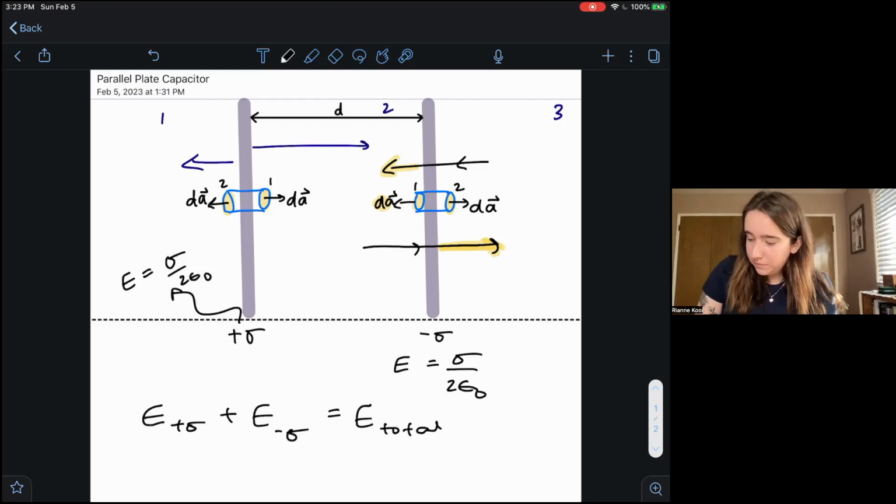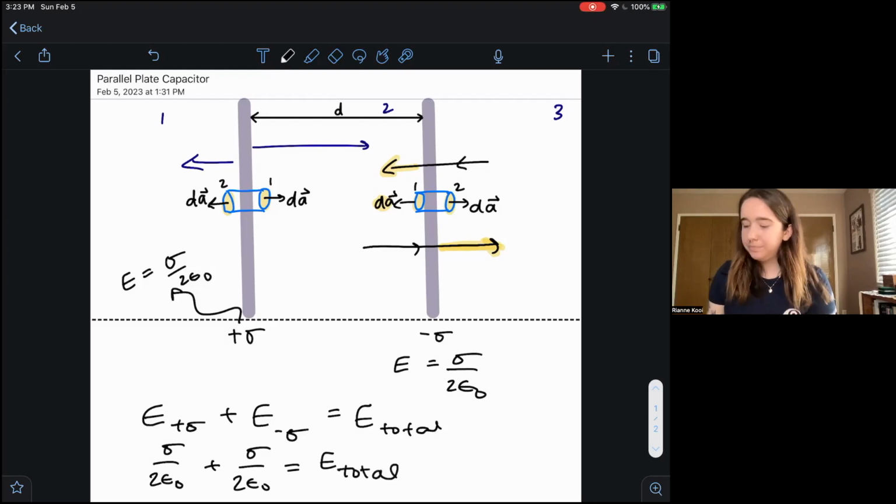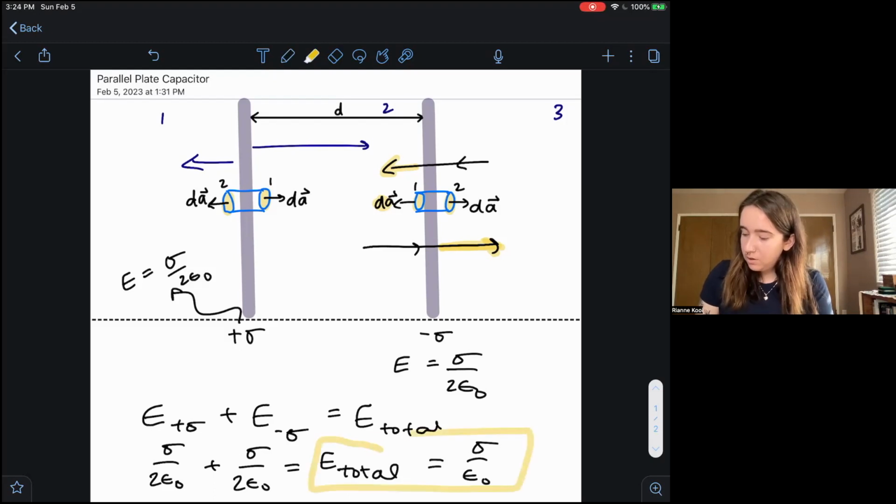So we get sigma over 2 epsilon naught plus sigma over 2 epsilon naught equals our E total. Since they have the same denominator, it is just equal to sigma over epsilon naught, which is very useful for us.